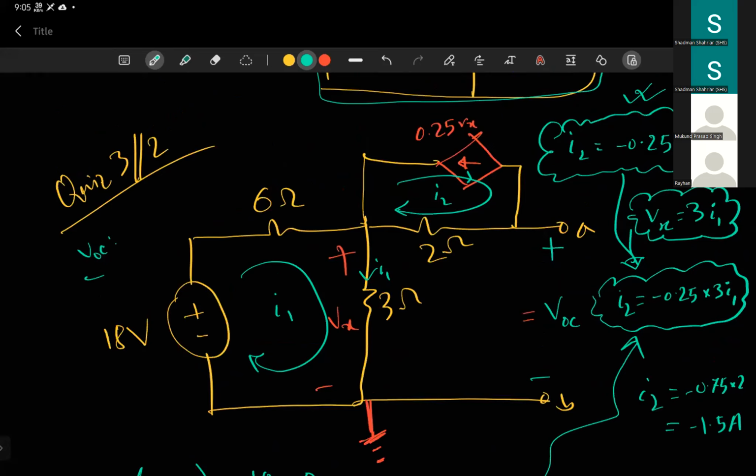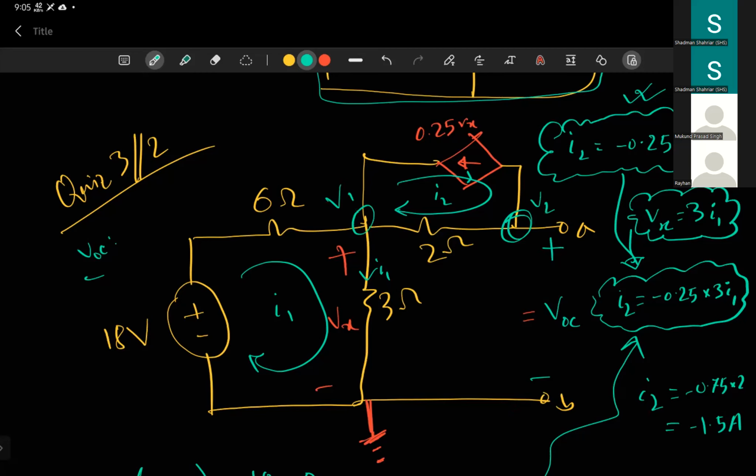So if we are doing mesh analysis here, the voltage VA minus VB, right? And if you are trying to write voltage in terms of resistance, you can see that like before, if I wrote this V1 and this one V2, you can write it as V2 minus 0, or V2 minus V1 plus V1 minus 0.